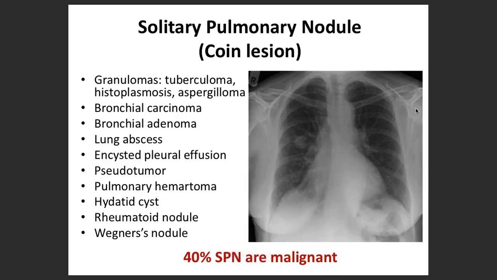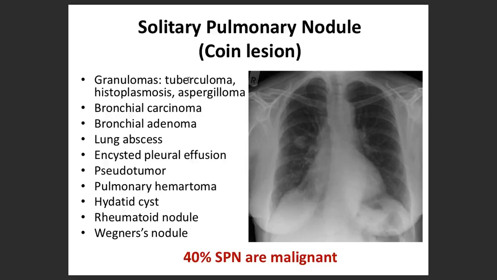We are all concerned about money, but in chest X-rays as well we also talk about coins. So what is a coin lesion? Coin lesions, up to 40% of the time, are malignant. So if you see such patients, rule out malignancy. This is one of the important things, especially for all the doctors.